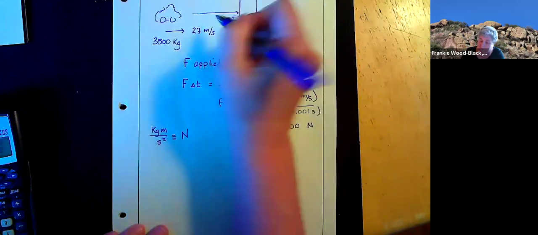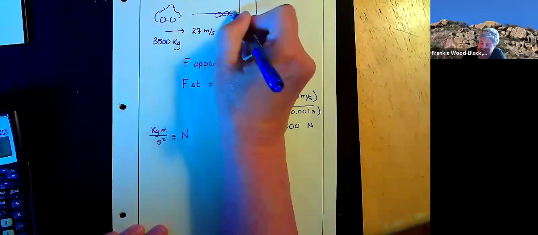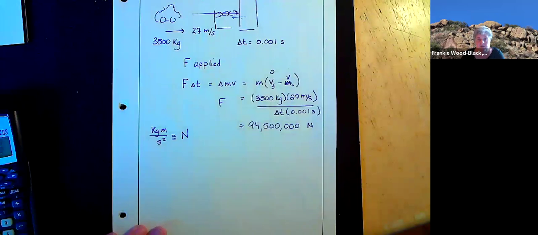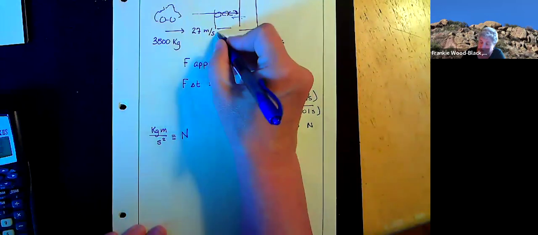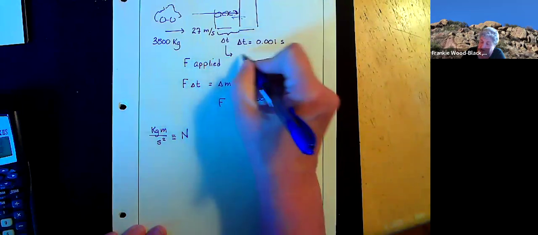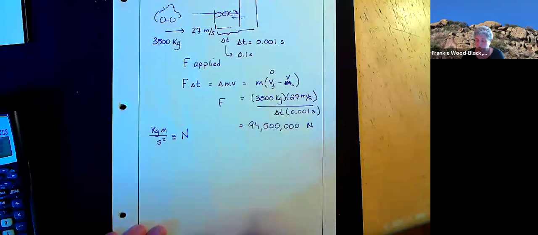Now, if I put those drums in front of there, instead of just hitting the concrete barrier, that changes my change in time. And now my change in time becomes 0.1 second. Look what happens.